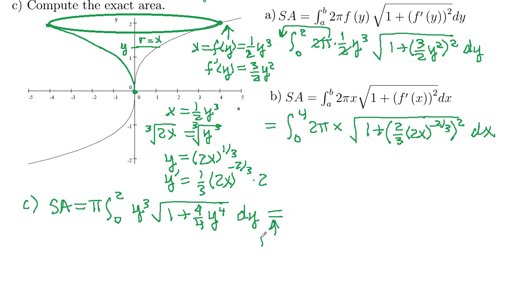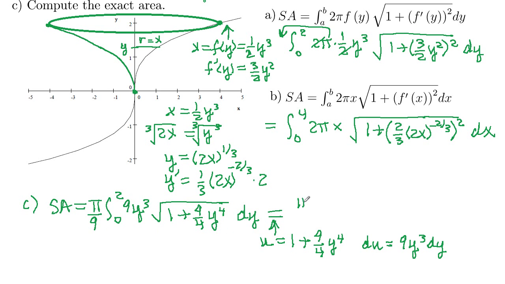Let's let u equal 1 plus 9/4 y to the 4th. Then your du will be derivative of 1 is 0, 4 times 9/4 is 9 y cubed, and then dy. So we've got y cubed dy, so let's multiply by 9 on the inside and compensate by dividing by 9 on the outside.